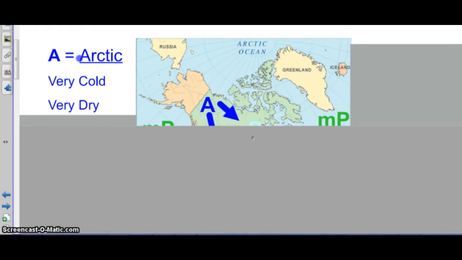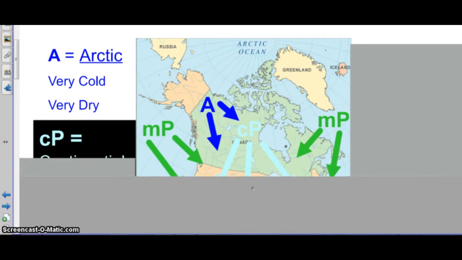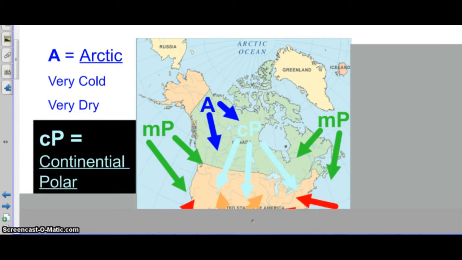Up next, as we move down, we're going to focus right here. Lowercase c, capital P. And I won't even have you guess as to what that means. We're talking about continental polar air masses there.